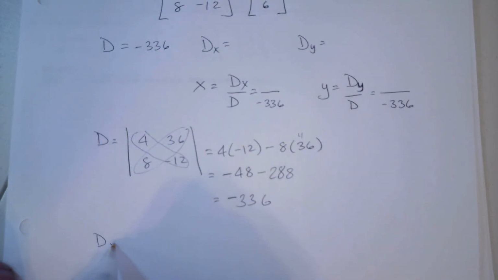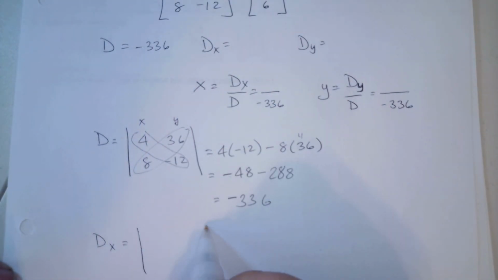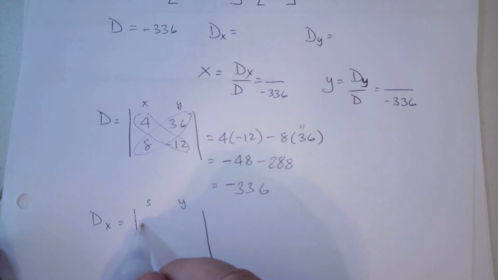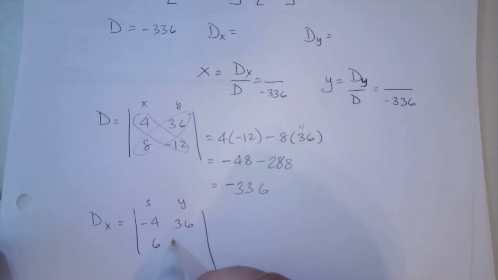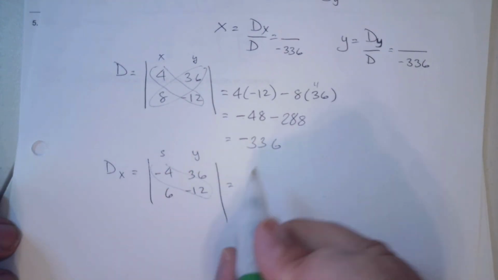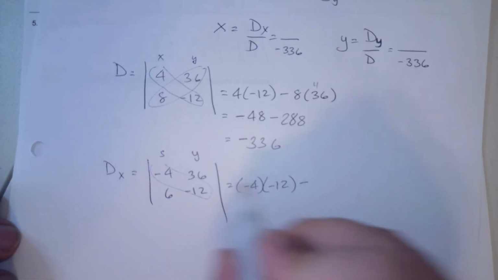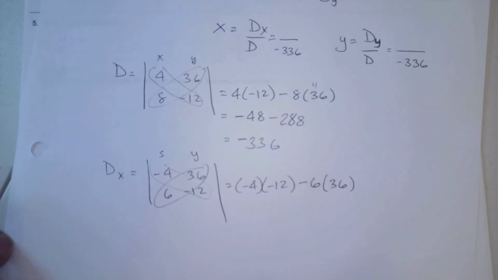Now to figure out my dx. Remember, this is x and y. So since I'm solving for x, my solution goes there. My solution column, I should say, is negative 4, 6, and the y stays the same: 36, negative 12. Negative 4 times negative 12 minus 6 times 36.